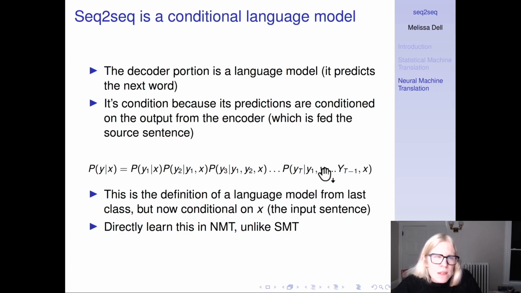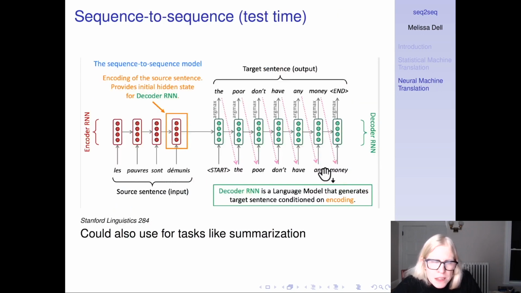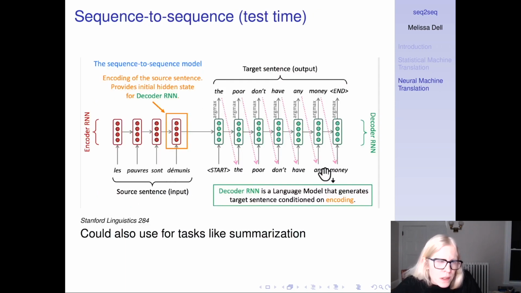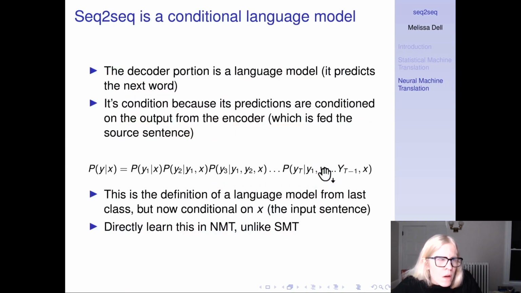Okay, and so the decoder portion of this, which you see as the green, is a language model. It's predicting the next word. It's going to be conditional because its predictions are conditioned on the output from the encoder, which is fed the source sentence.